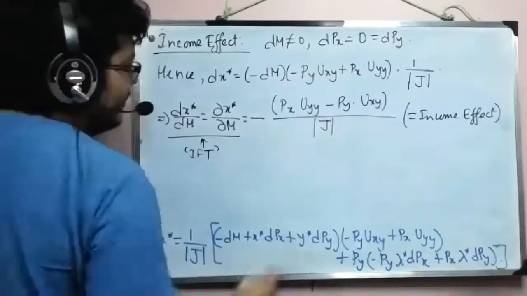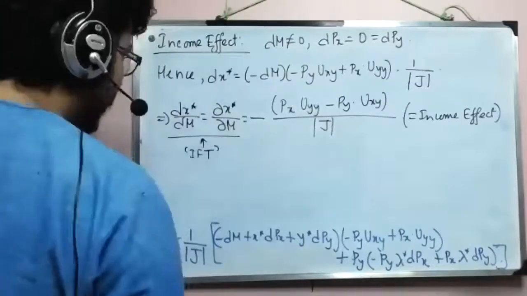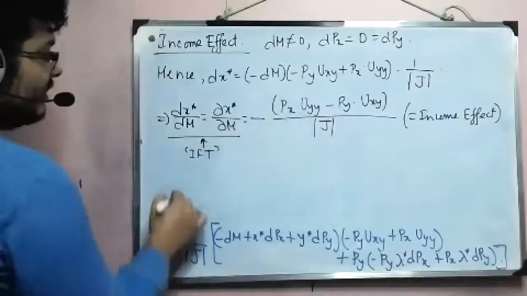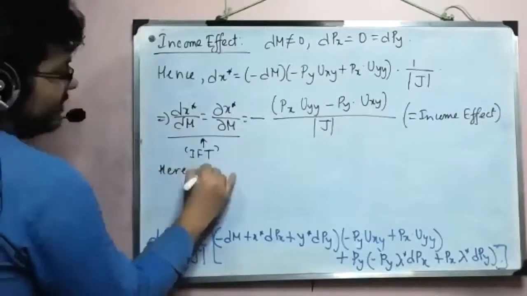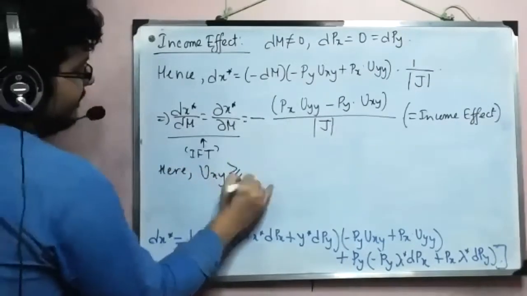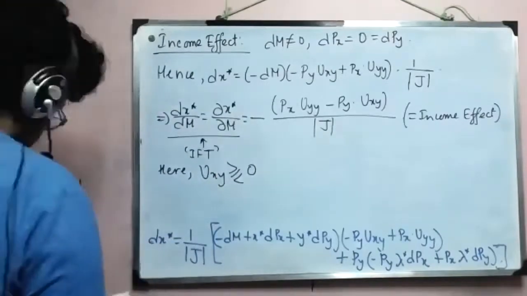Here uyy is negative, right? But we have a problem because uxy can be anything. It can be positive, 0, or negative.